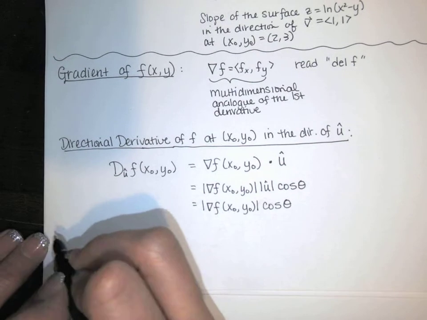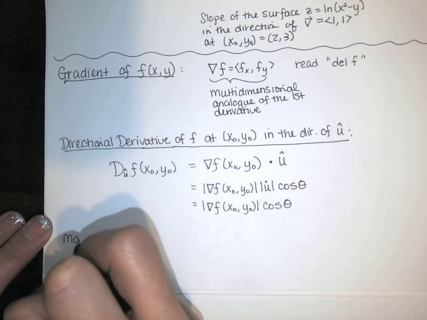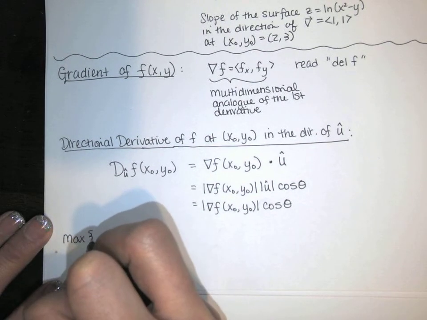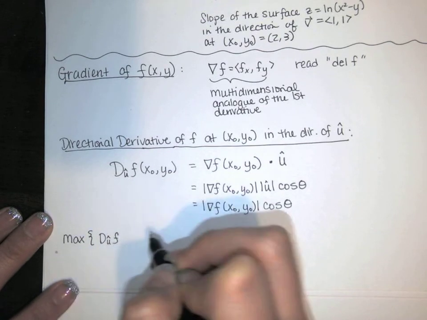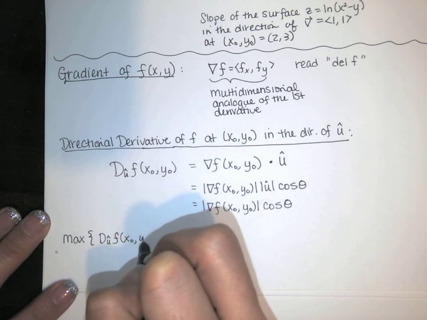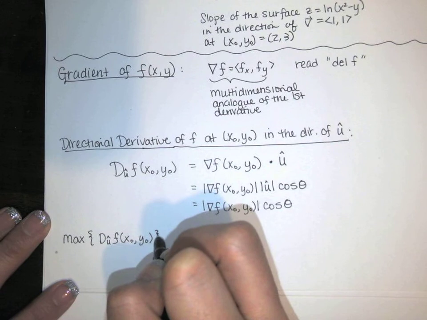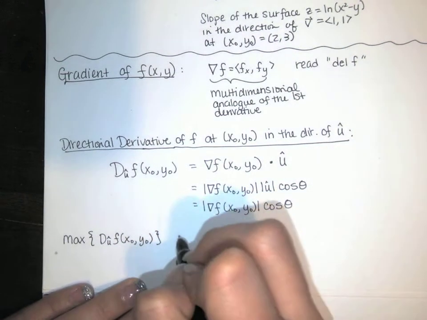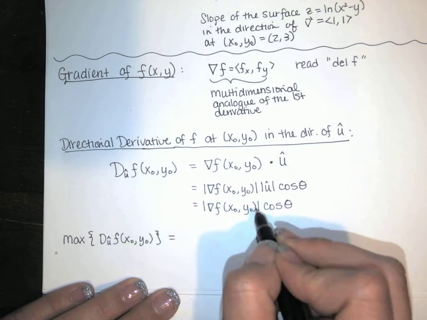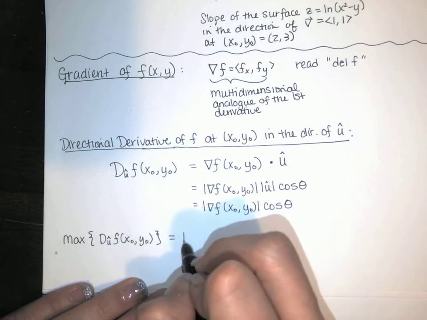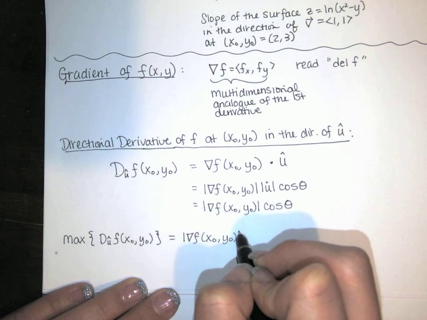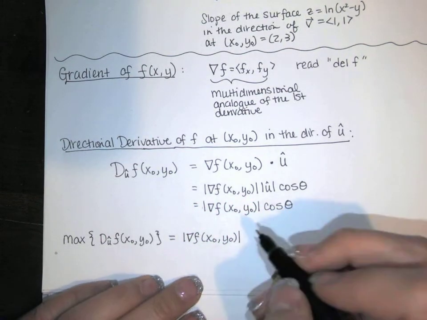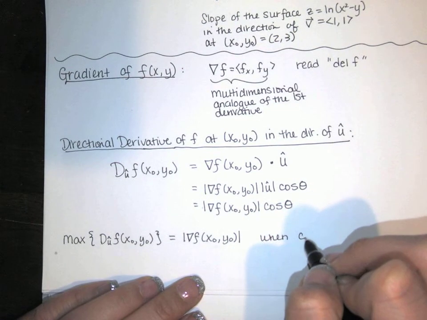So the maximum value of the directional derivative, which is the maximum value of the slope of the surface in that direction, or excuse me, the maximum value of the slope of the surface at that point, is given by the magnitude of the gradient, and this occurs when the cosine of theta is equal to 1.